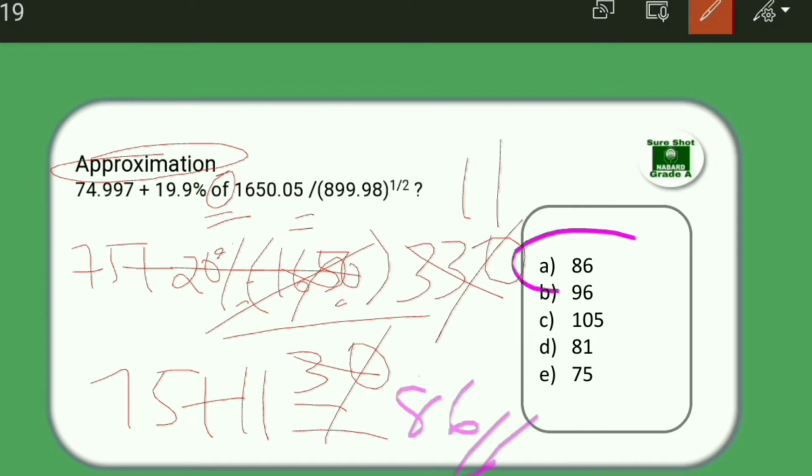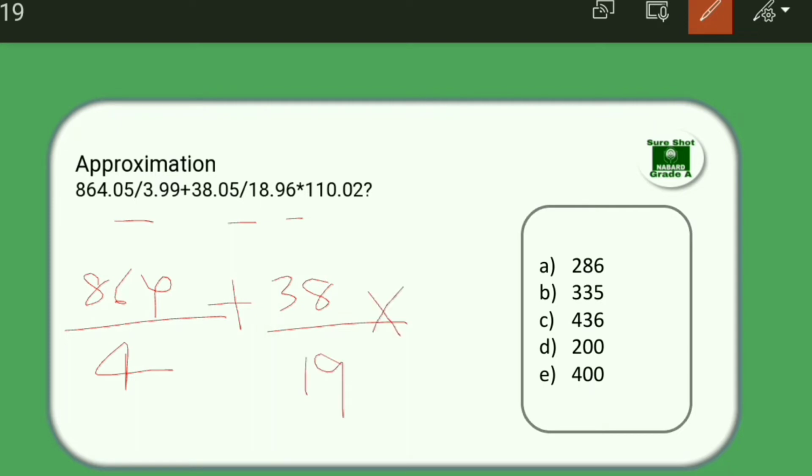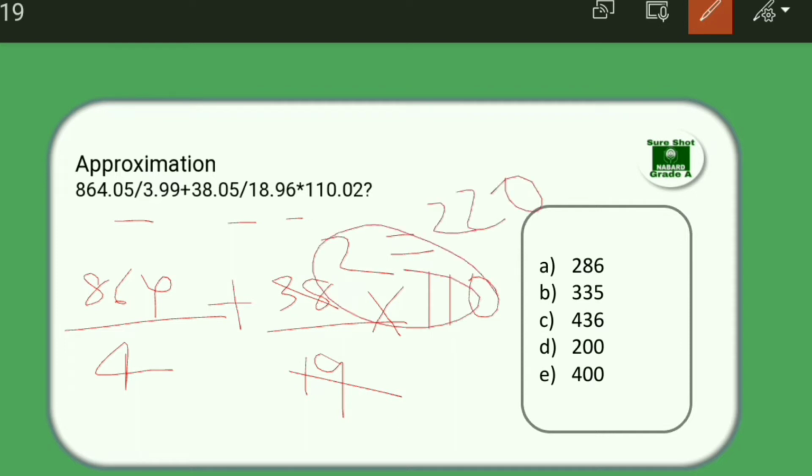Here is 86. And the next approximation. Two divisions and a multiplication are here, so we need to do division first. 864 divided by 4 is 216, and 38 divided by 80.96 will come to 19 into 110, which is 220.